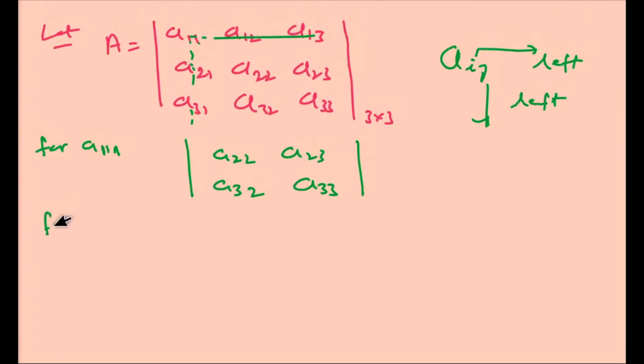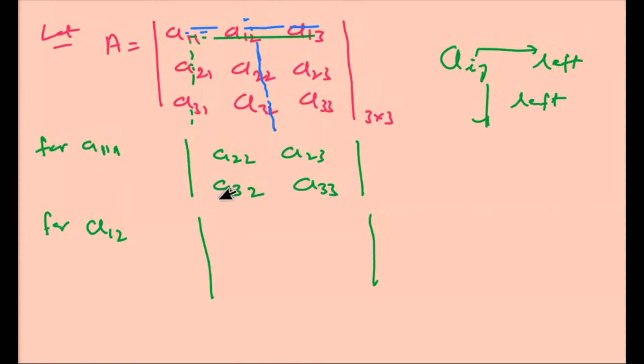And now the same for A12, what will you find here? You can understand for A12. For A12 we are cutting this row and this column.